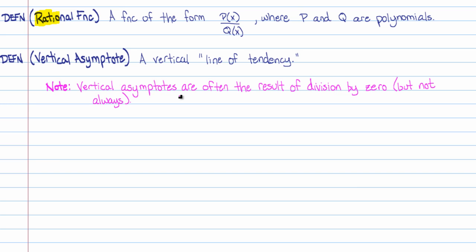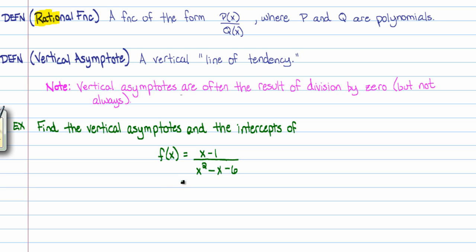So let's take an example. Let's find the vertical asymptotes and the intercepts of the following function: f of x equals x minus 1 over x squared minus x minus 6. This is a rational function because it's the ratio of polynomials. We'll start by factoring. So this is the same thing as x minus 1 over x minus 3 times x plus 2.